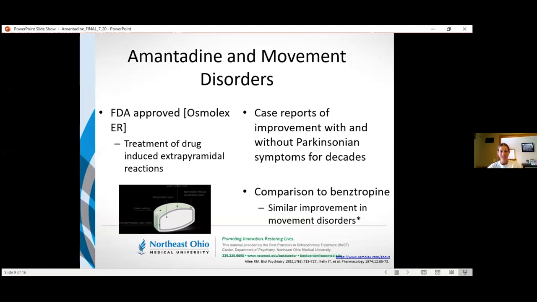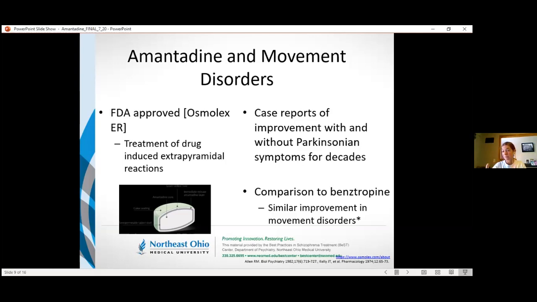Interestingly, as I was going through the literature, I came across a trial that compared it to benztropine. It was a relatively small double-blind crossover trial looking at amantadine versus benztropine, and they did not find a difference in the clinical evaluation of movement symptoms between the two.